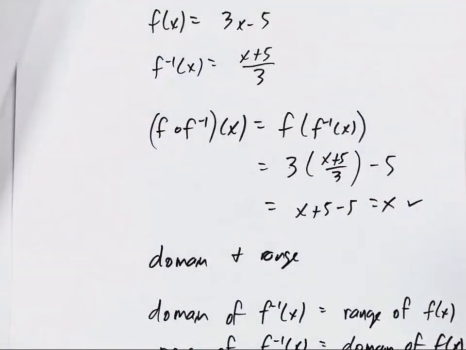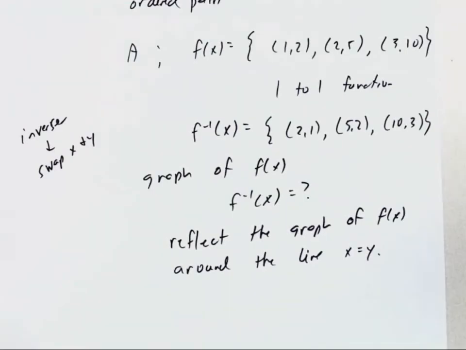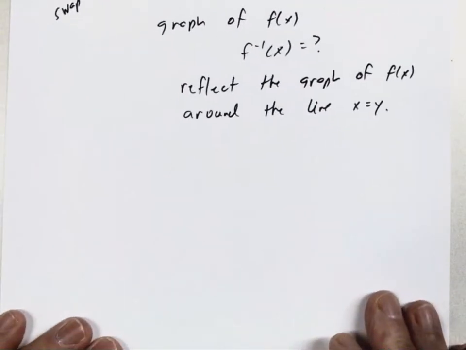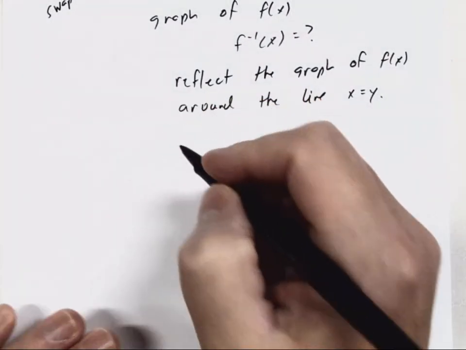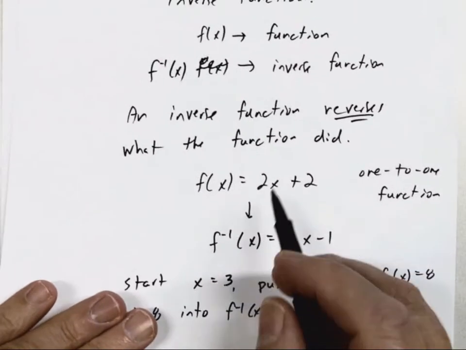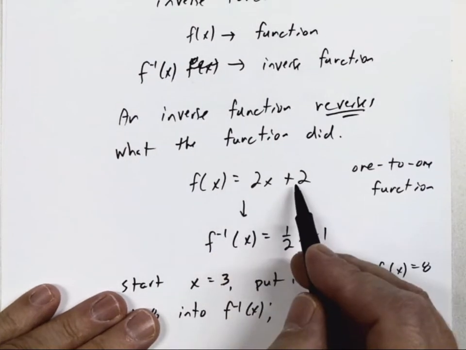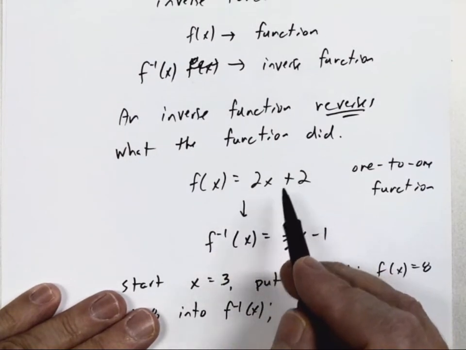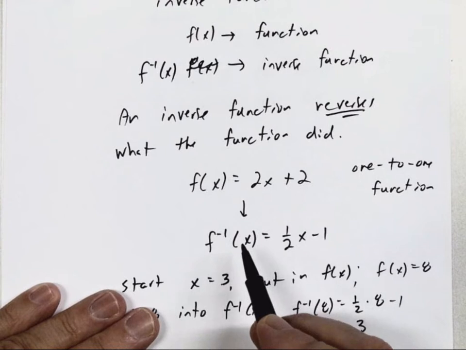Now the third thing is, if you're given an equation, sort of like the example I did, and it's a one-to-one function, then how do you figure out the inverse function?